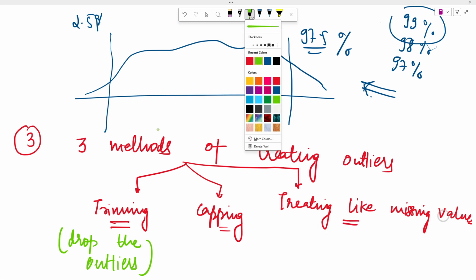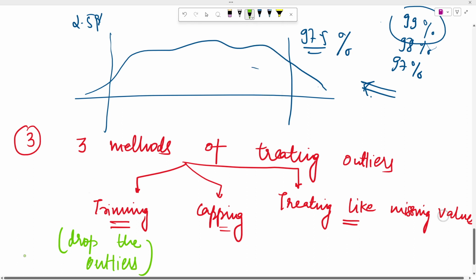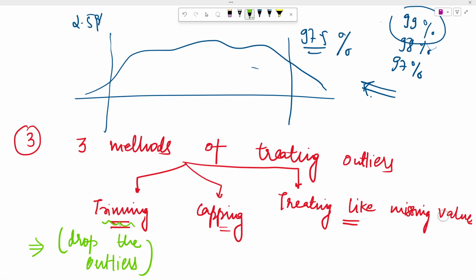Once we have discussed trimming, basically we drop the outlier records. This is definitely a fast approach, but it should only be taken up if the data set is big enough. The second one is capping. In a distribution, the outliers will always lie beyond a particular limit, right? These are the outliers.